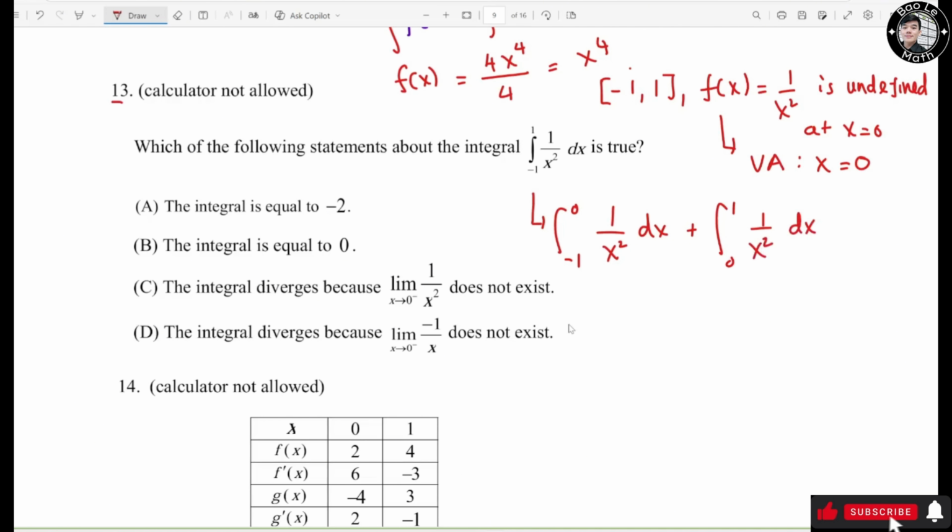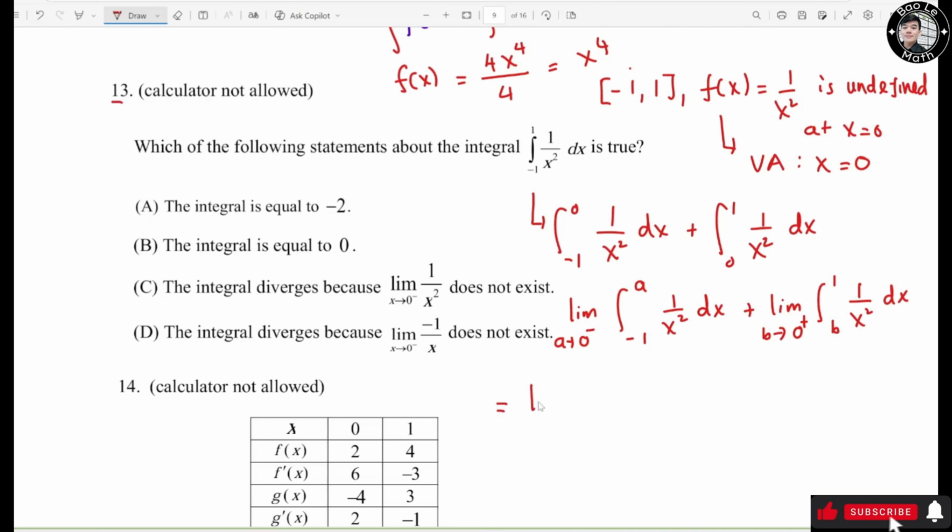So we're going to use the limits, right? So the limit of the integral from negative 1 to a, when a approaches 0 from the left, of 1 over s squared ds, plus the limit of the integral from b to 1 of 1 over s squared ds when b approaches 0 from the right, right?